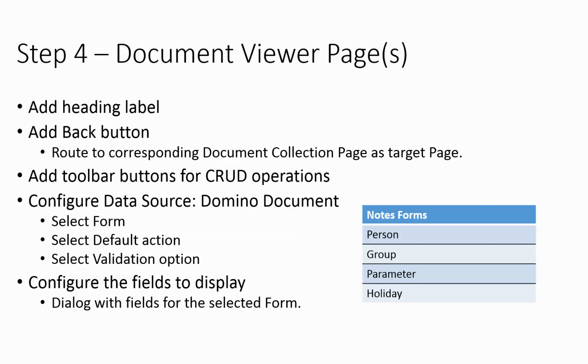In our case, we will use Domino document and select a form, a default action, and a validation option. In the dialog that follows, we select and order the fields that we want to display. And these fields in the dialog are abstracted from the selected form. Once again, it shows the importance to prepare your data schemes, especially in case you have cryptic or almost identical names for fields.